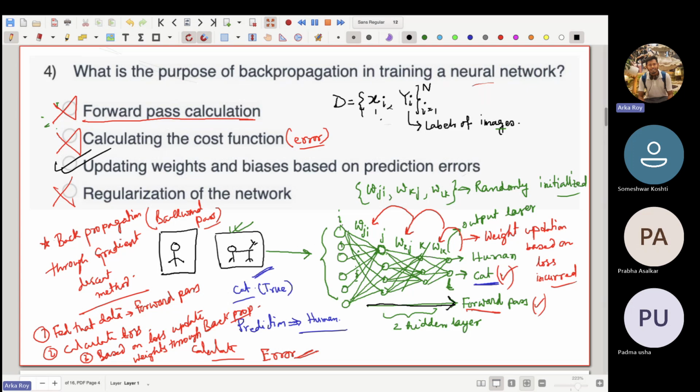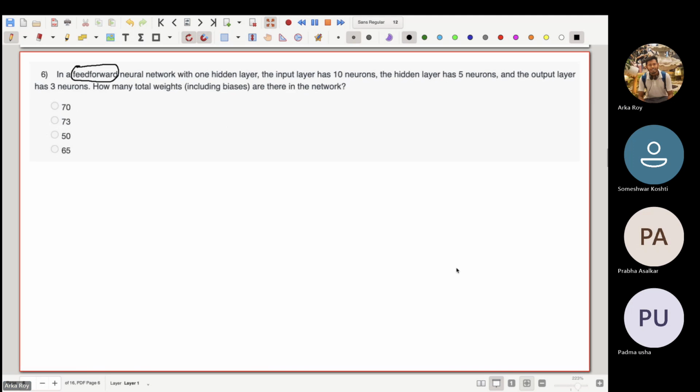You feed the data in the ith layer, then it goes to the jth layer, then the kth layer, then the lth layer, and at the lth layer it will do the classification. So at the time of testing, the pass that you do is called the forward pass, and therefore the model is called a feed forward neural network architecture.